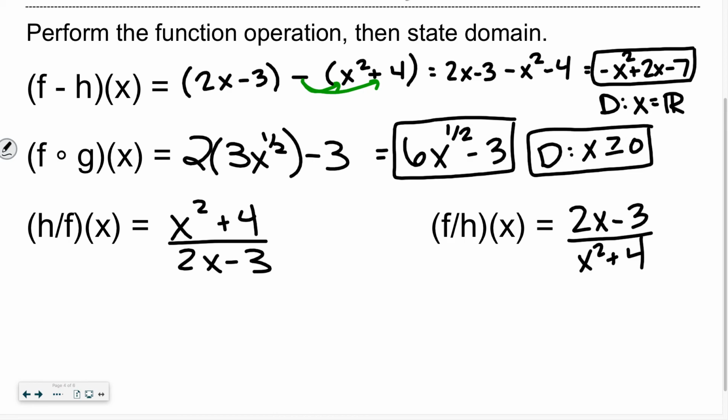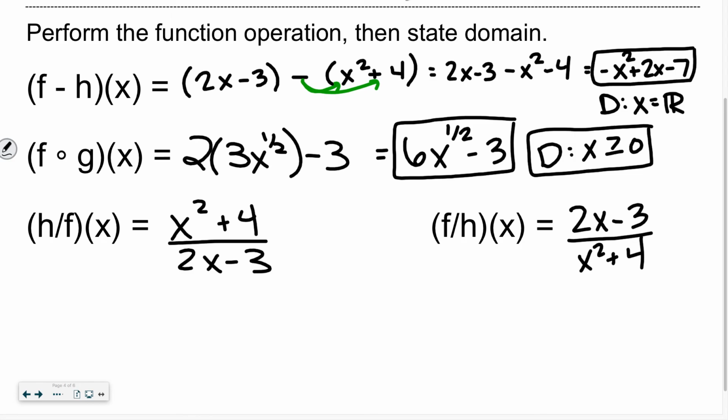I mean, if you're trying to solve and there's a fraction, you might multiply by the reciprocal, but h divided by f, we don't have to do any kind of reciprocal for that. So you see you have x's in the numerator and x's in the denominator, right? Okay. So we just want to know, when we're talking about domain, are there any x's that won't give us answers? Like up in the composition from before, because we had a square root of x, we weren't going to be able to square root negative numbers.